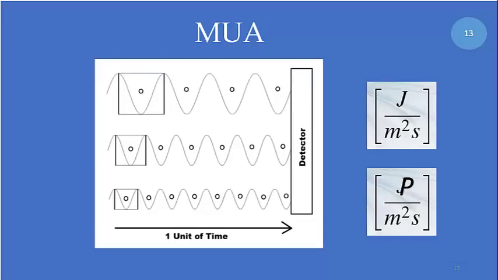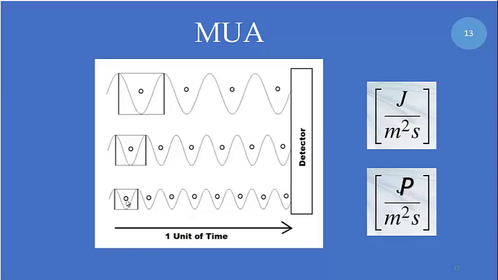In the MUA interpretation of light, each oscillation of light carries the same energy, and now I'm saying it also carries the same momentum, no matter what frequency we're talking about. Higher frequency light has a smaller footprint, and so the same energy and the same momentum is hitting a smaller area of the detector in a shorter period of time.